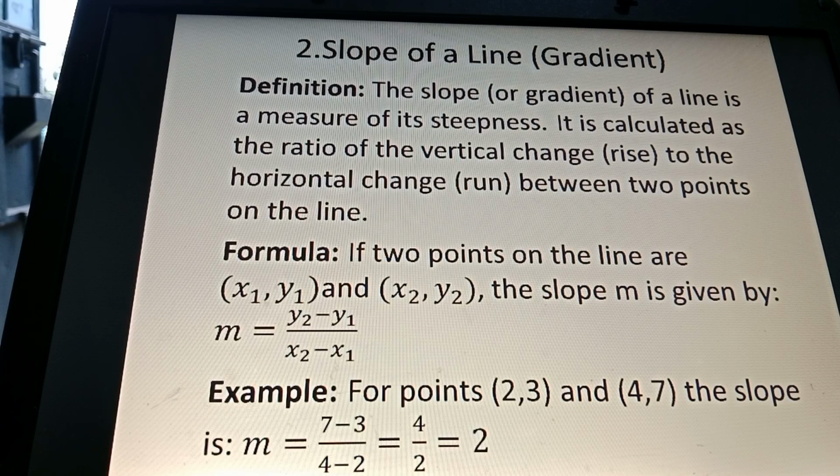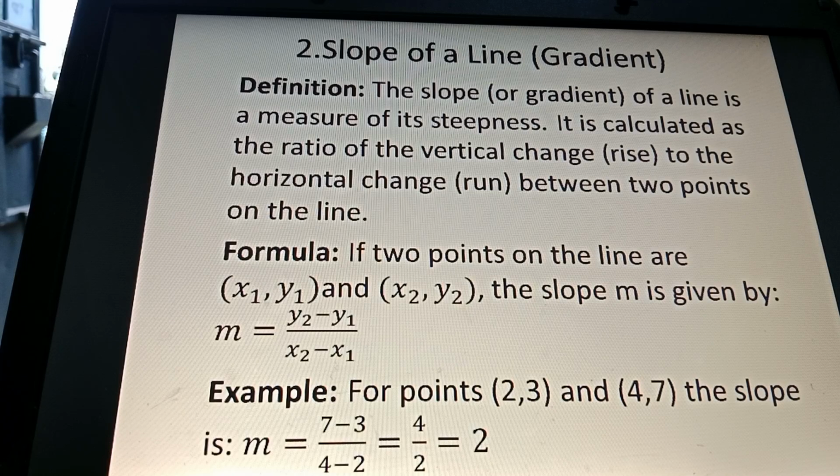For example, if you have 2 points, (2, 3) and (4, 7), you can calculate the gradient or the slope by applying the formula, where 2 represents x1, 3 represents y1, 4 represents x2, and 7 represents y2. So applying that formula, m, or the gradient or slope, equals 7 minus 3.